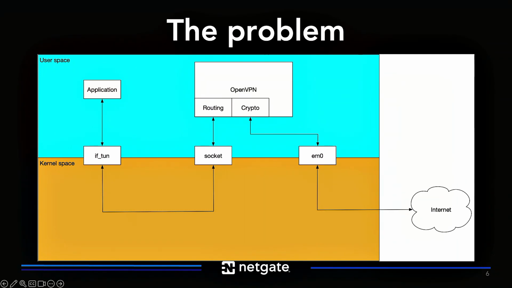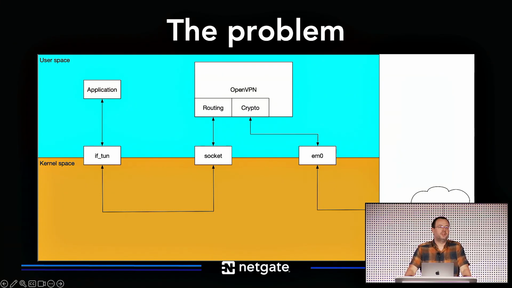You run OpenVPN in user space because it's a user space application. You run an application, say a web browser or wget or an FTP server, any sort of application runs in user space. It wants to transmit a packet that has to go over the VPN. So it does a send call, a write system call, the usual things that you do when you transmit data over the network. That data gets copied into the kernel. The kernel hands that over to the network stack.